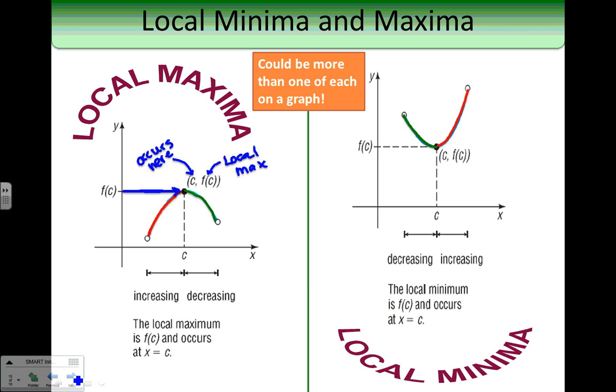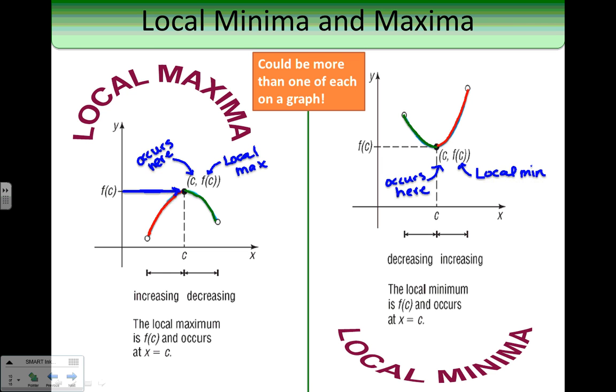Again, this is the local min, the y value, the lowest point in that section, and it occurs here. So the minimum value is that y value, and it occurs at the point c.